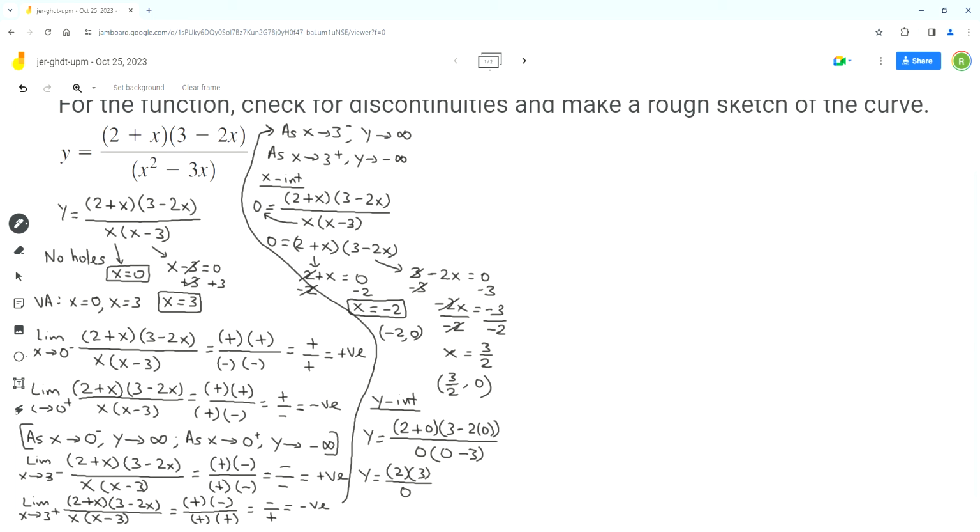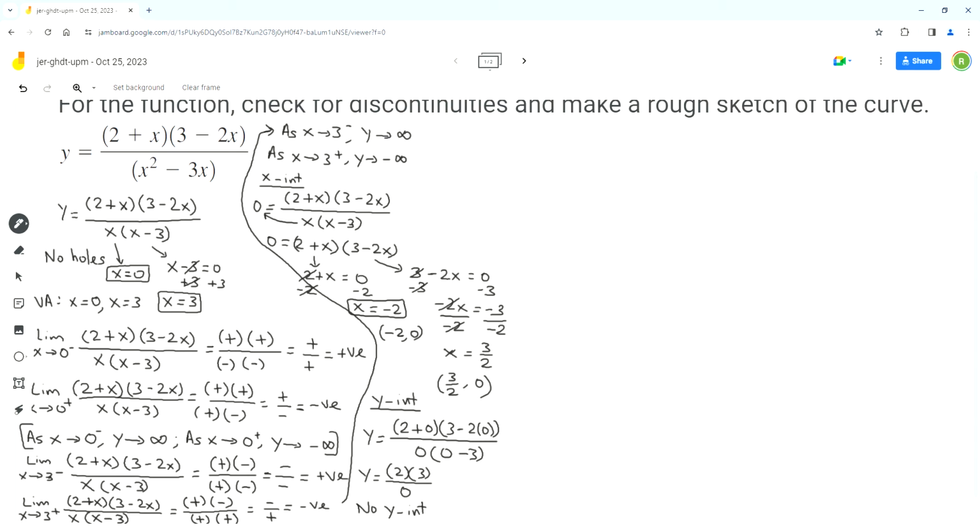So we are getting a 0 in the denominator because there is a vertical asymptote at x equals 0. So that's why there is no y-intercept, because when we have a 0 in the denominator, the expression will become undefined. So there is no y-intercept.